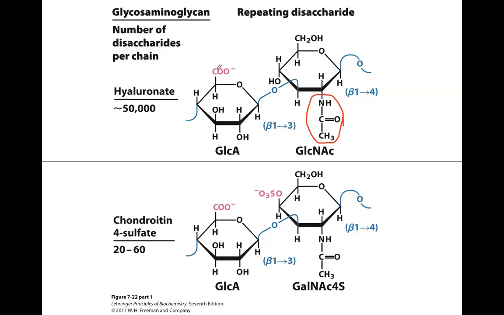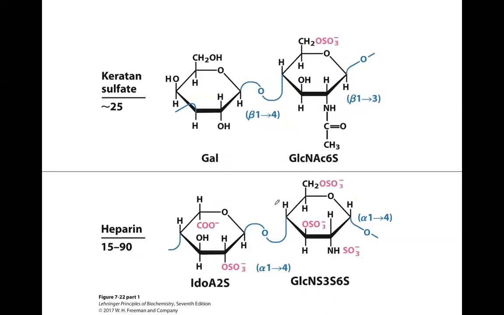So hyaluronate does not have any sulfates, but chondroitin 4-sulfate does have a sulfur. This one only has this negative charge. This one has two negative charges, one from the glucuronate and one from the sulfate. Now this one is keratan sulfate. Now heparin you can see has a lot of negative charges.